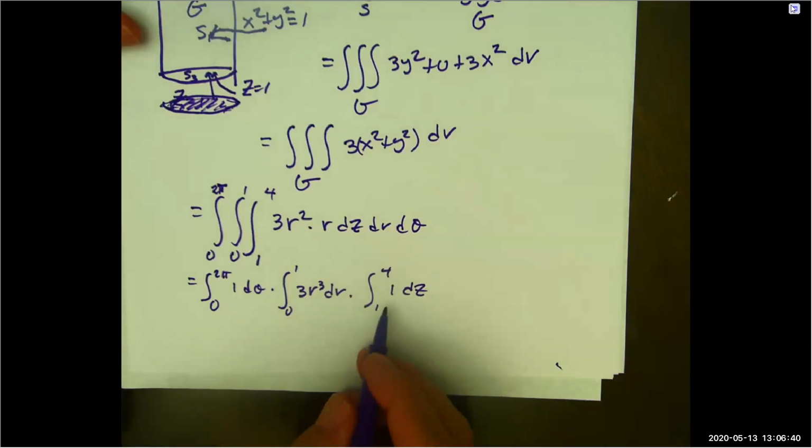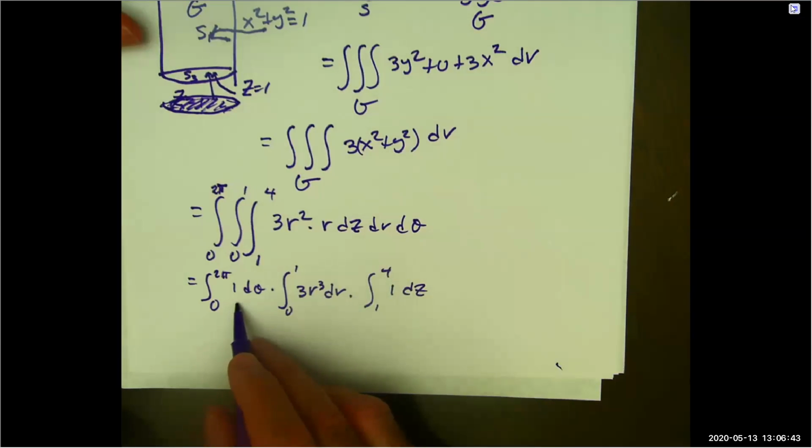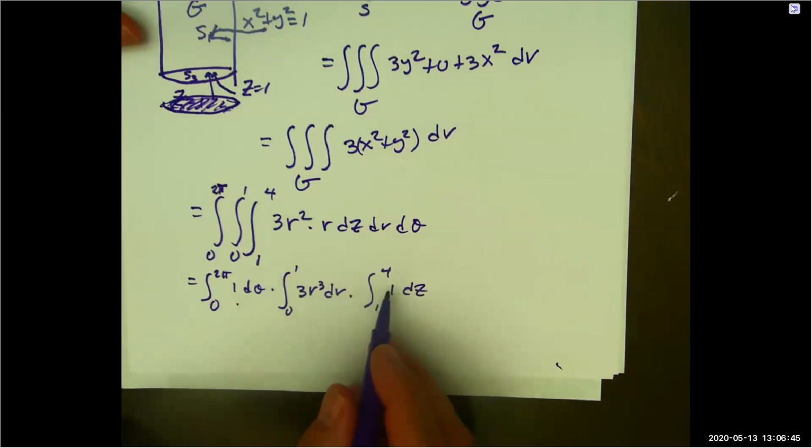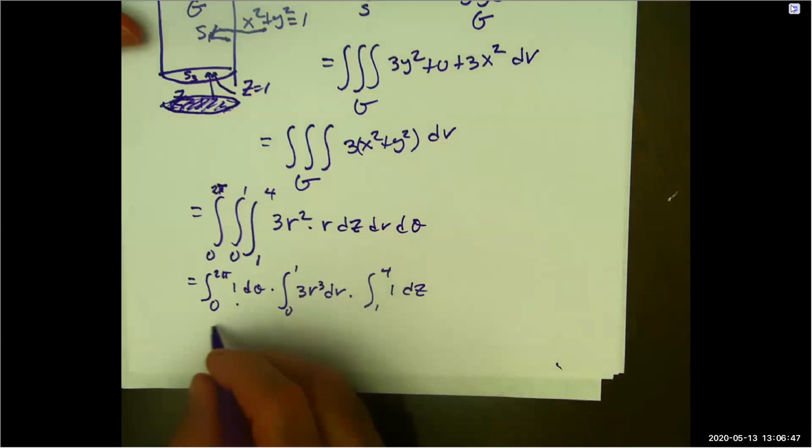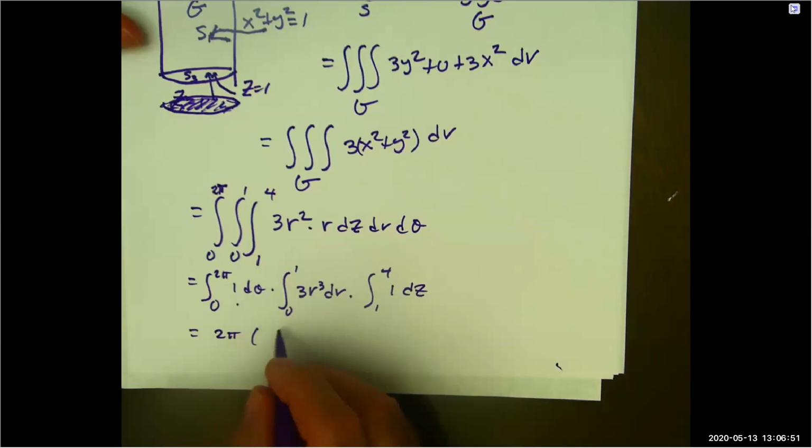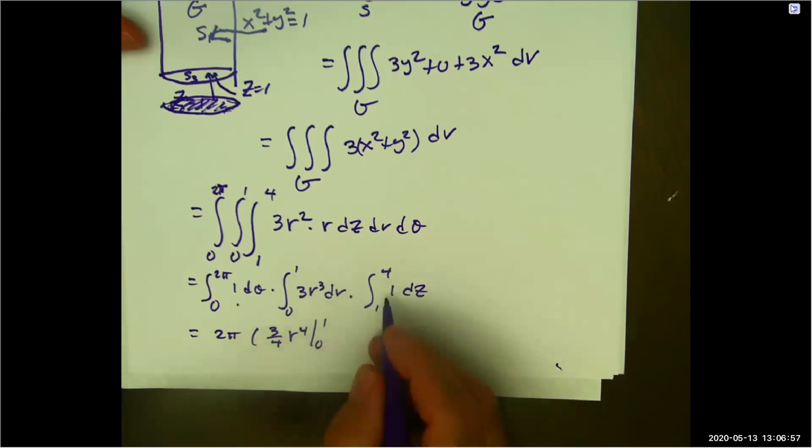This one is just going to be 2 pi, and this is 3. This one is going to be 3/4 r to the 4th from 0 to 1.